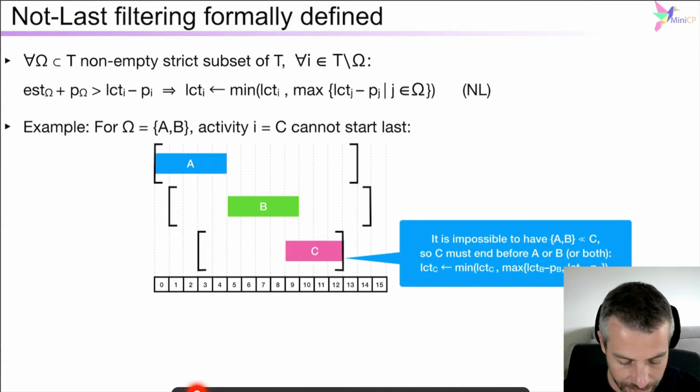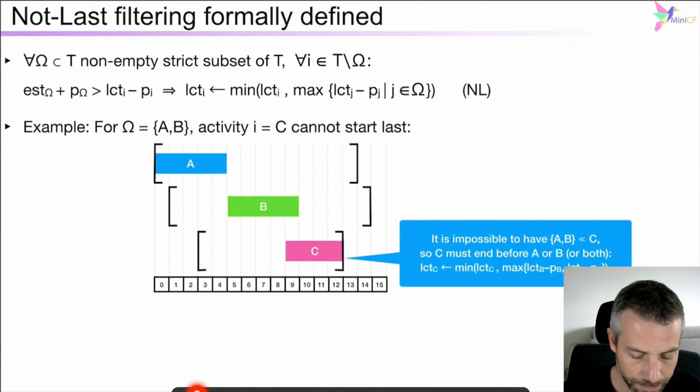So we have that the earliest start time plus the processing time of a set omega, if it is larger than the latest completion time minus the processing time of the activity I, then we can safely update the latest completion time of the activity I, and we will take the maximum over all the activities in the set omega.